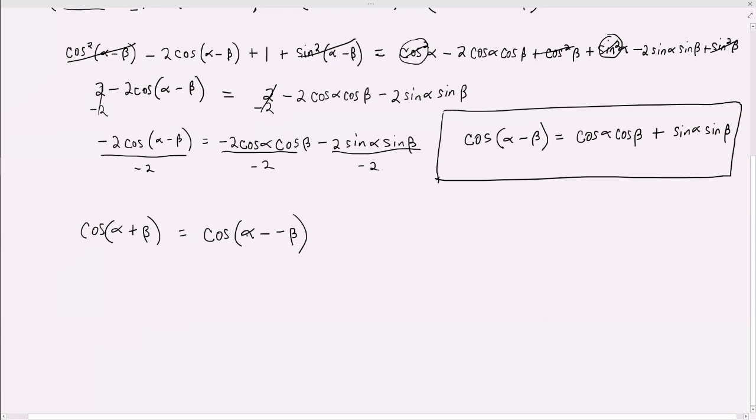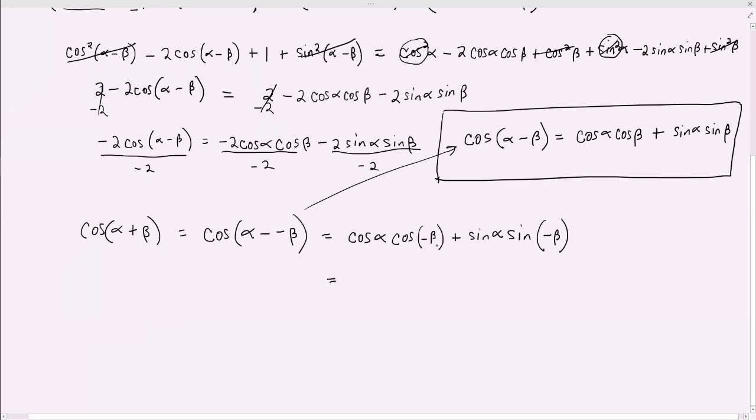Okay, so if I change this to that, I can go either direction. And we've got this rule now that we can apply when we're taking a difference. So we'll write this as cosine alpha cosine negative beta plus sine alpha sine negative beta. Okay, so I'm just slipping this into that, and we're thinking of beta as negative beta.